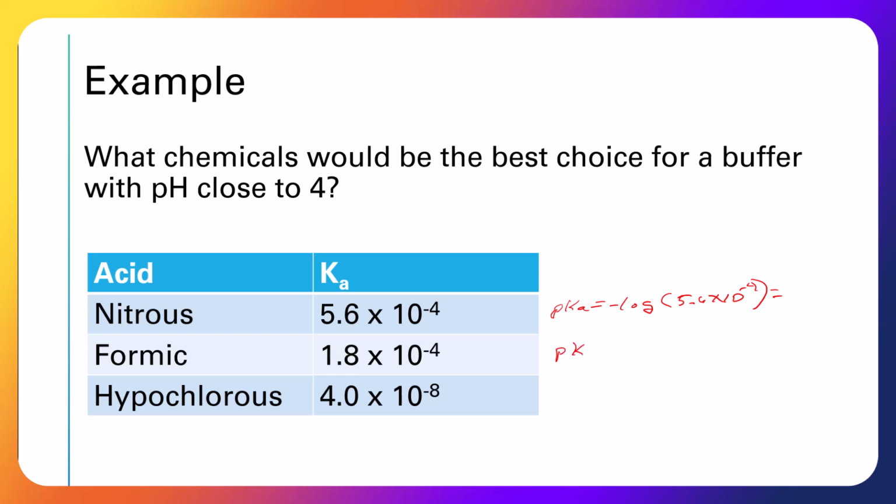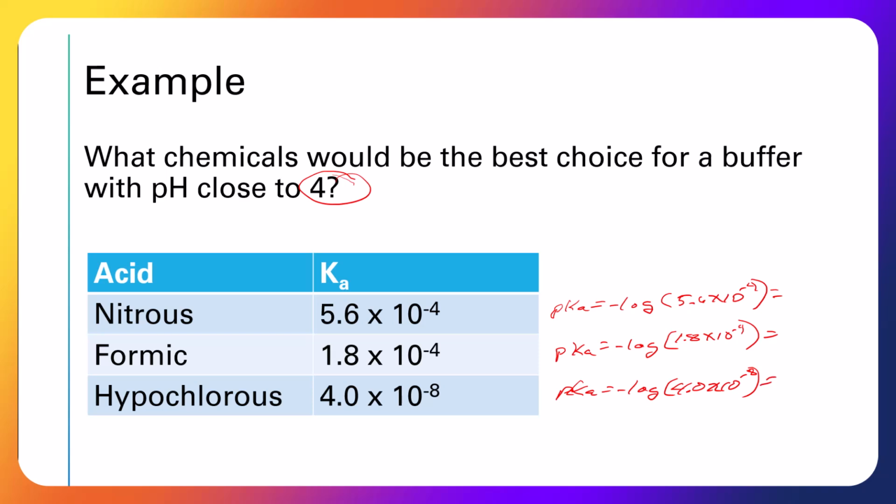We're going to calculate the pKa, which is equal to the negative log of 1.8 times 10 to the minus 4. And again, this is going to be less than 4. And then this one should be out of range if what we're looking for is a pH that's close to 4. This pKa will equal the negative log of 4.0 times 10 to the minus 8. And we know that's going to be around 7 something.